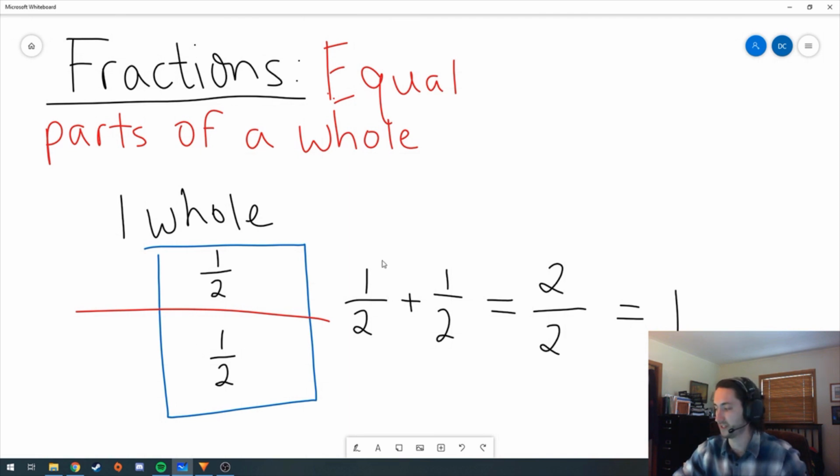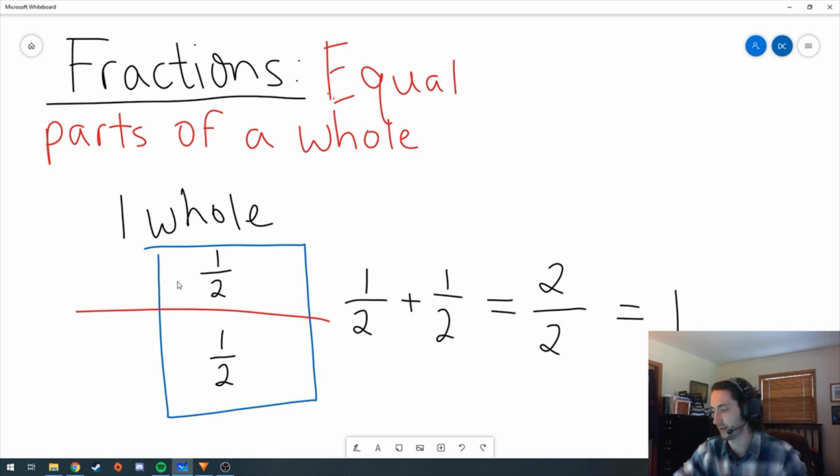When you put them together, you take the 1/2 from the top and the 1/2 from the bottom, and you add them up. You end up with 2 halves, or 2/2. And that is equal to 1 whole.